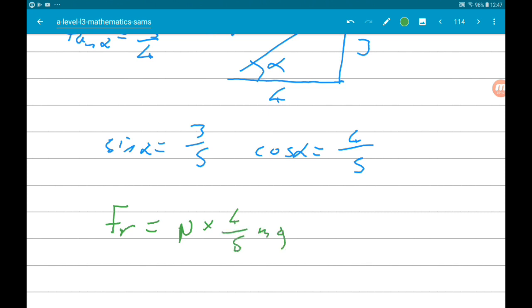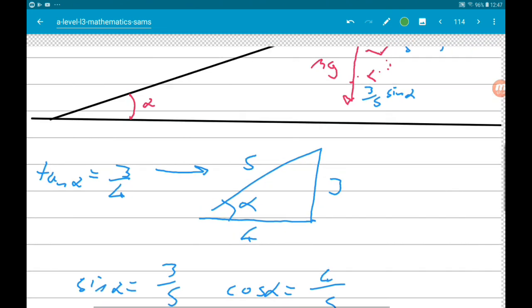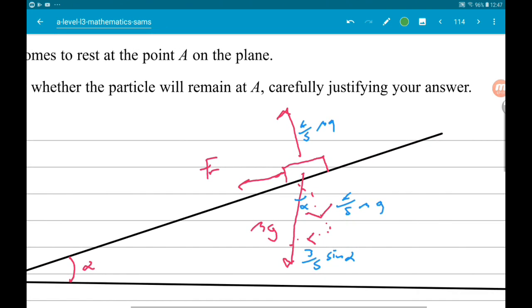Now we also know that the overall force working on the particle has a constant deceleration of 4/5 g, so that's going to be minus 4/5 mg.